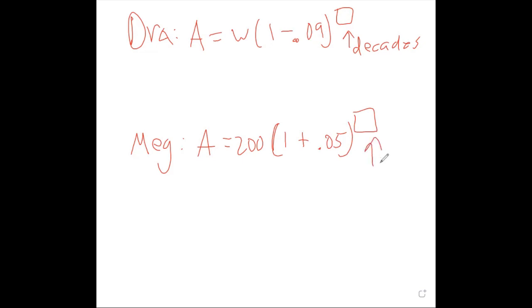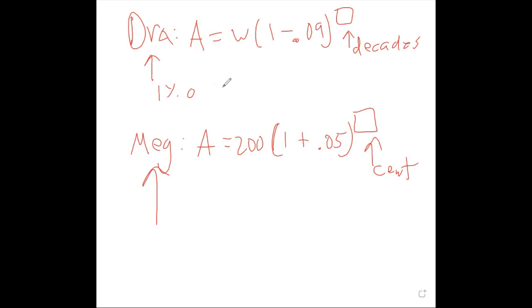And time is measured in terms of centuries. They want to know the value of the Megazord at the time when the Dragon Zord is only worth 1% of W. So we want the final value of the Dragon Zord to be 1% of W.